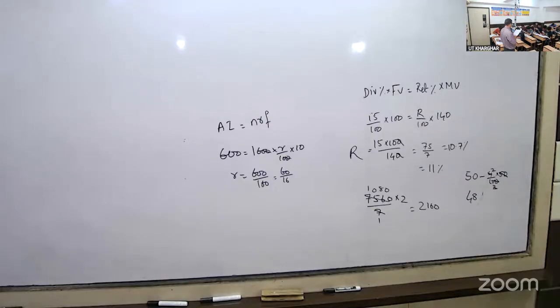You don't need to solve it, just understand the meaning. What is this 20? Face value of the first company. 400 is the number of shares, 5% is the dividend, and 18 rupees is the market value, sorry, selling price of one share. Then the same process for the second company.